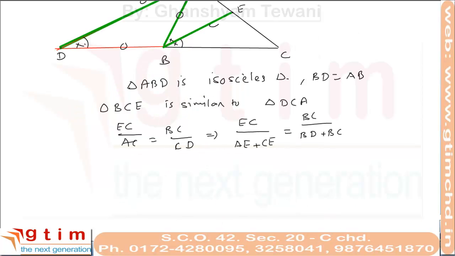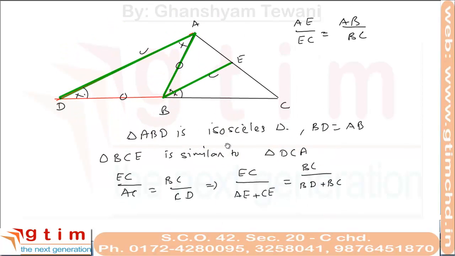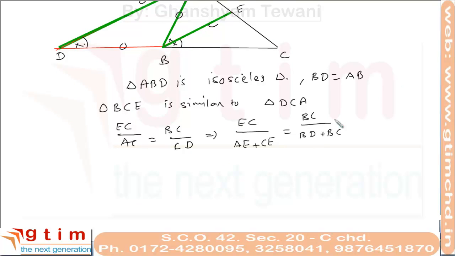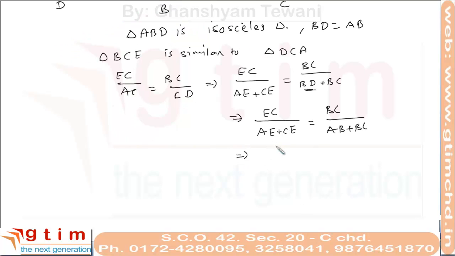But we have already proved that this BD is equal to what? AB. So in this, replace BD by AB. So we have EC upon AE plus CE is equal to BC upon AB plus BC.